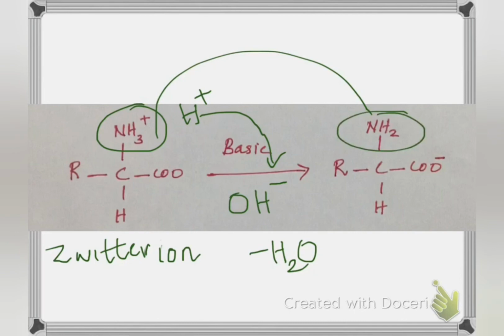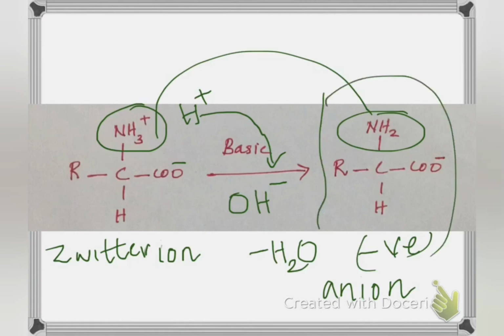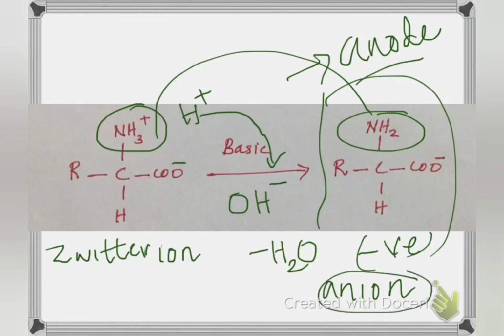So the net charge here is negative, and this is known as an anion. When we are doing electrophoresis, these molecules will move to the anode, the positively charged electrode. So in electrophoresis, this anion moves to the anode.